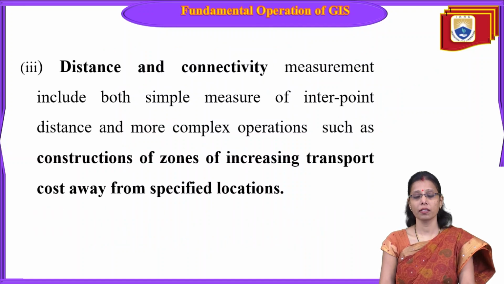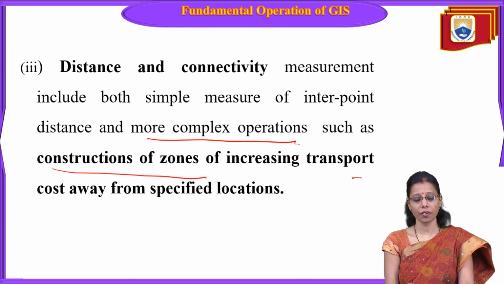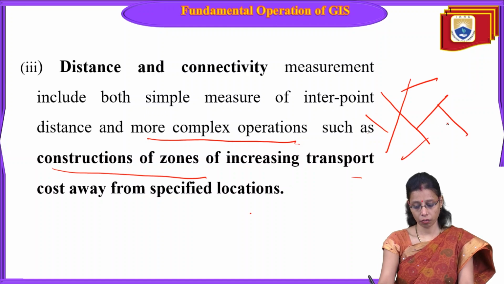Now coming to distance and connectivity. So what is distance and connectivity? Measurement includes both simple measures of interpoint distance and more complex operations such as construction of zones, increasing transport cost away from specified locations. Now if you talk about connectivity, we are talking about transport. Okay, this is the transport system, like this you have the connections.